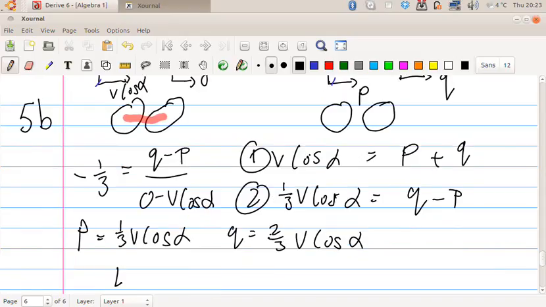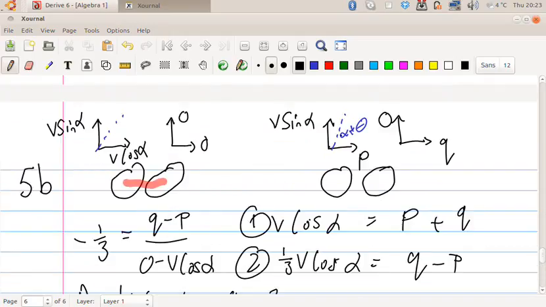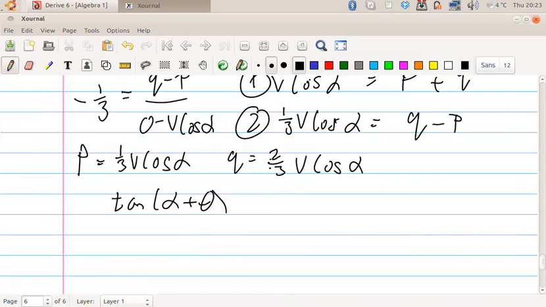So you say tan of alpha plus theta, that's the after collision angle. Tan is opposite over adjacent, which here would be V sine alpha over P.